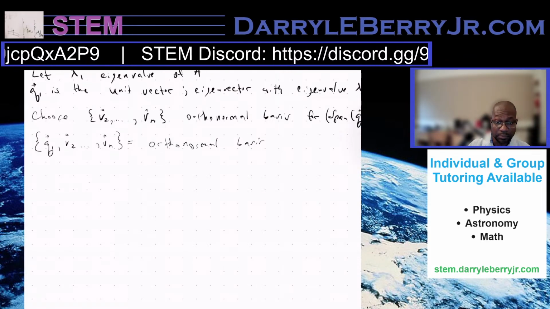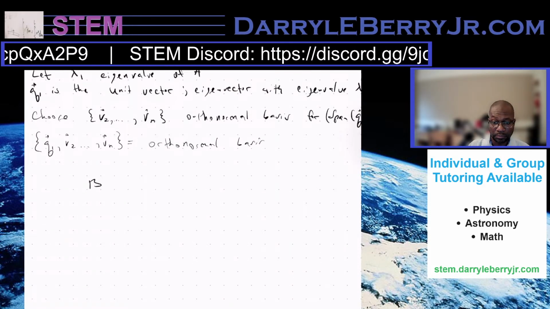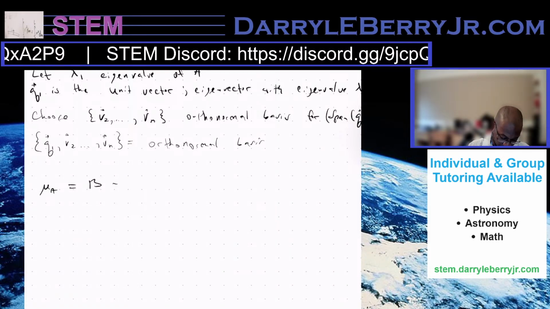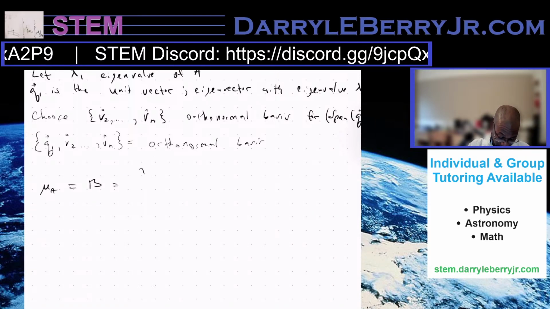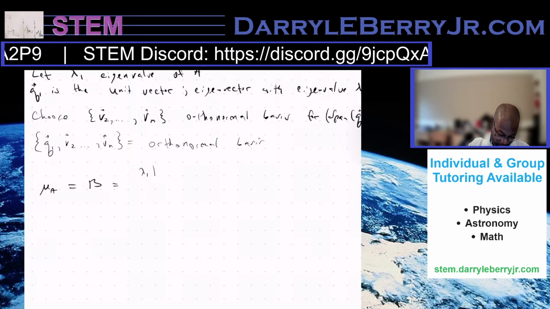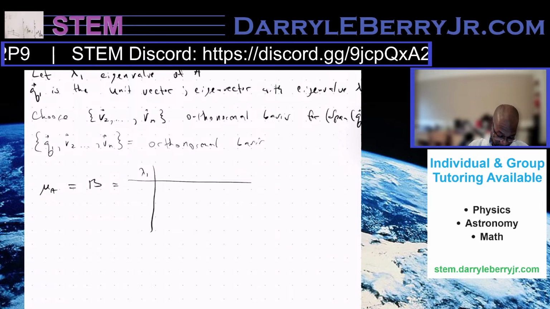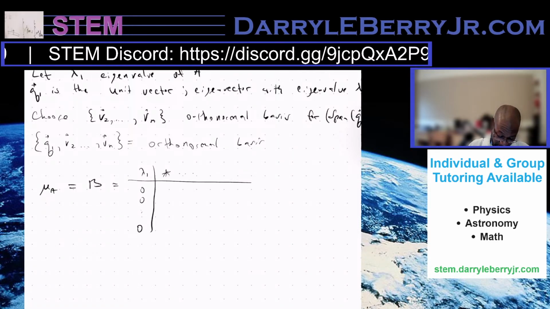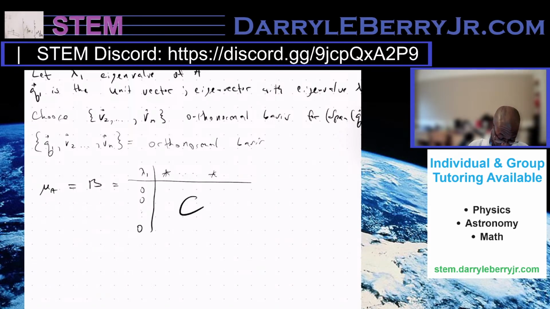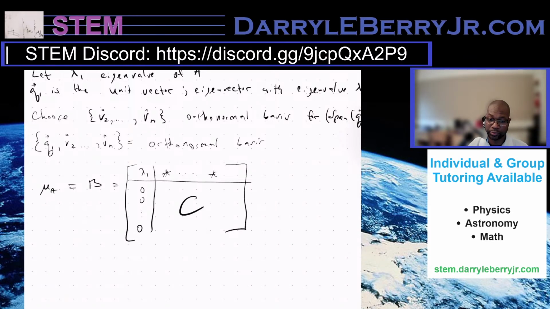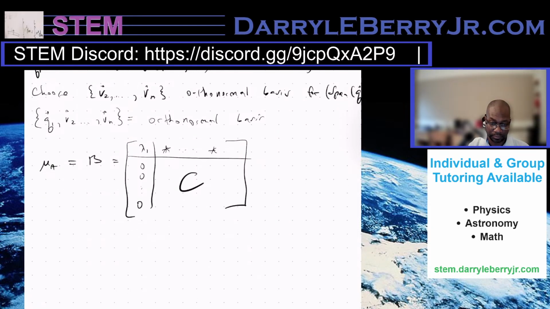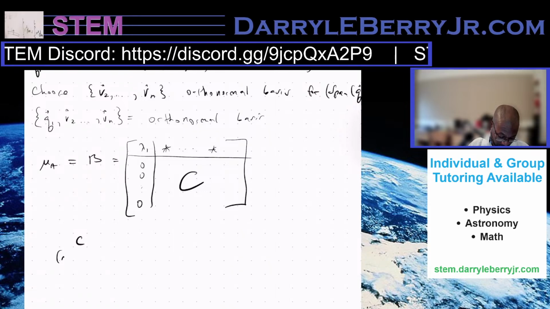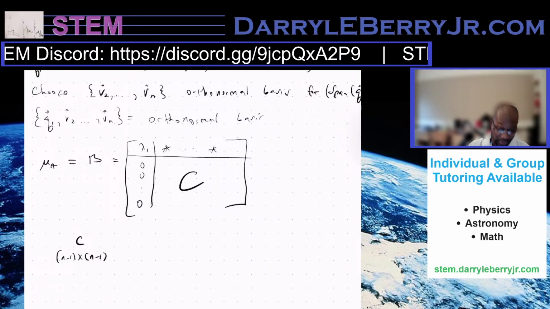We're saying UA equals B equals lambda 1 and a bunch of zeros, it seems. There's an asterisk here, and C seems too abstract at the moment. And C is n minus 1 by n minus 1.